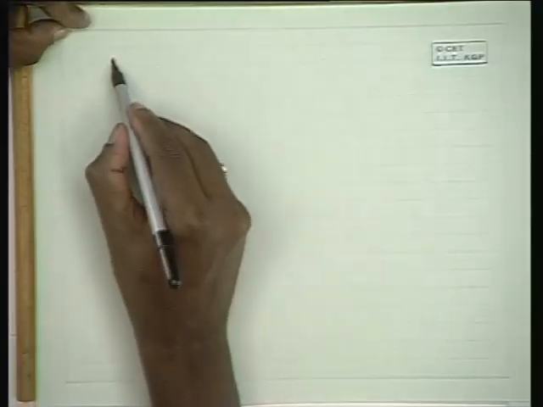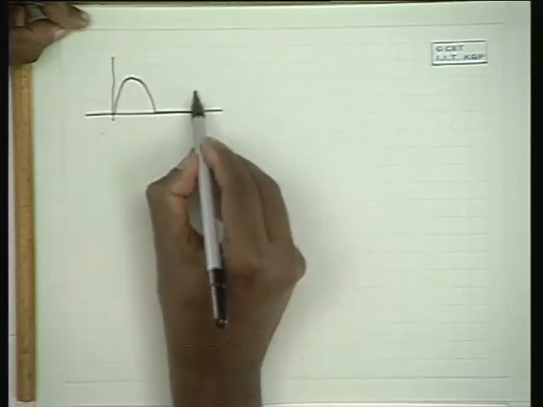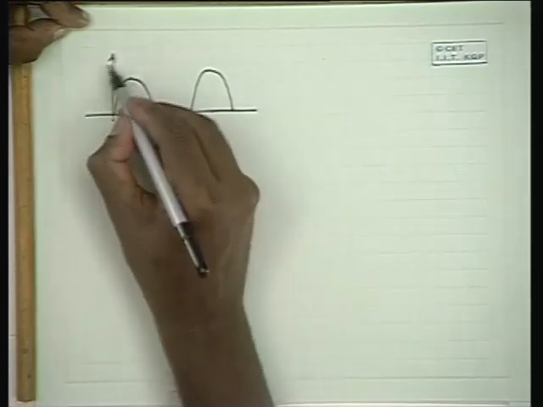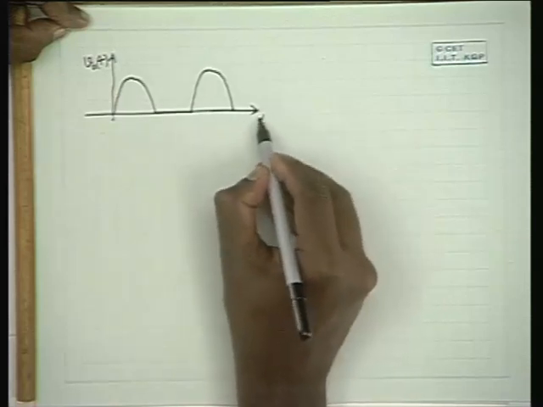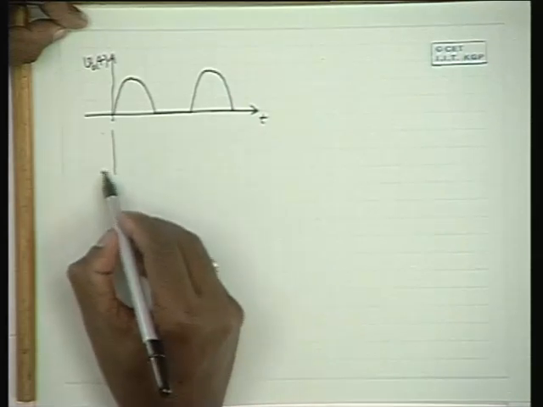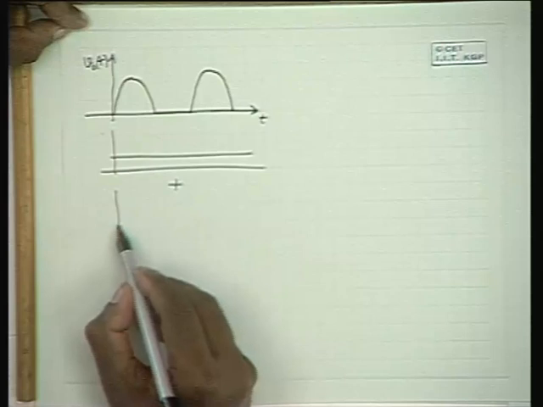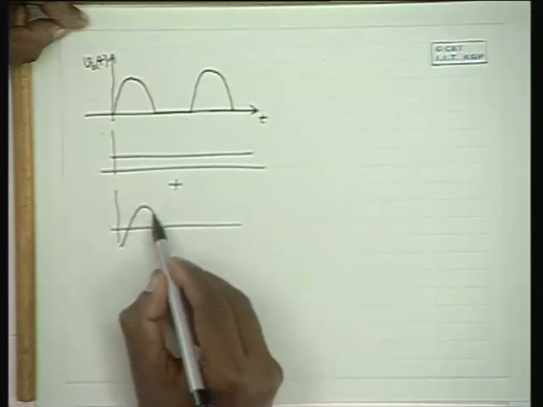Well, if you look at the half wave rectified voltage waveform, which is like this, this can be expressed as some constant voltage plus some varying voltage.